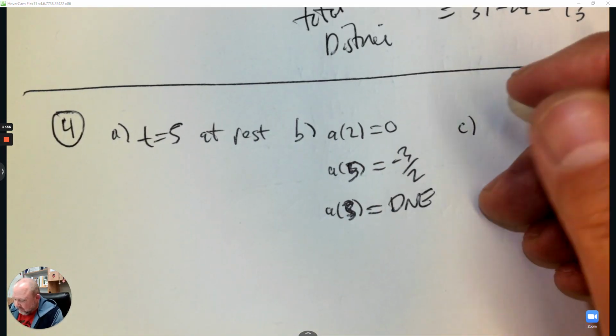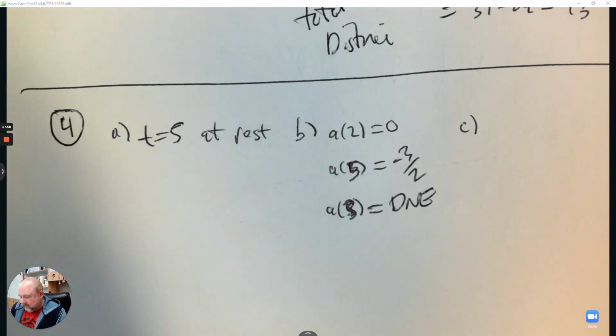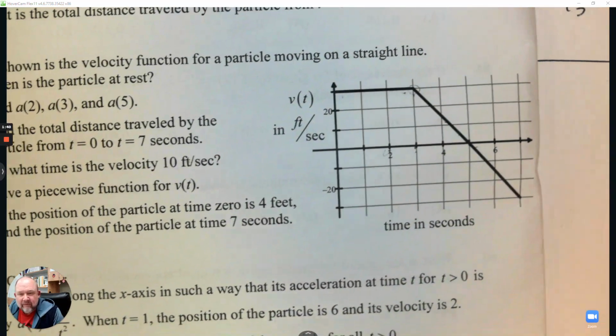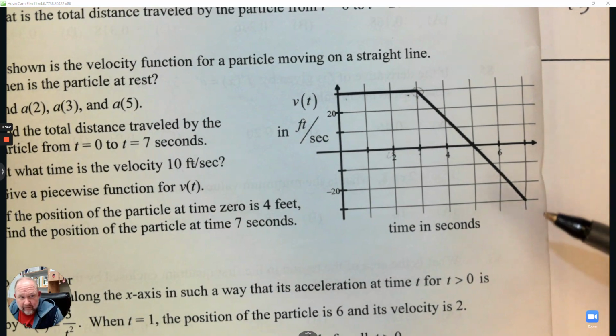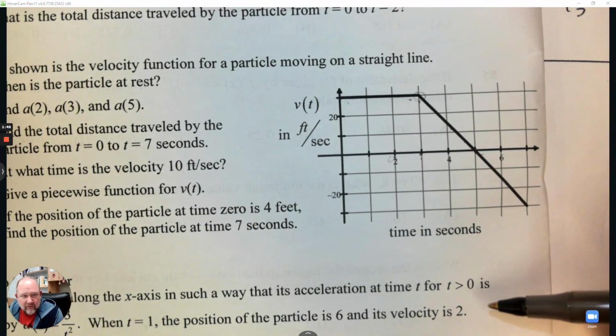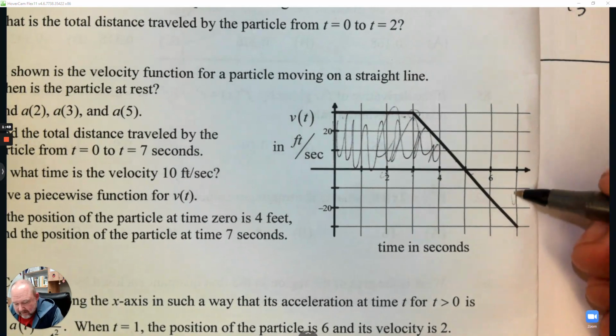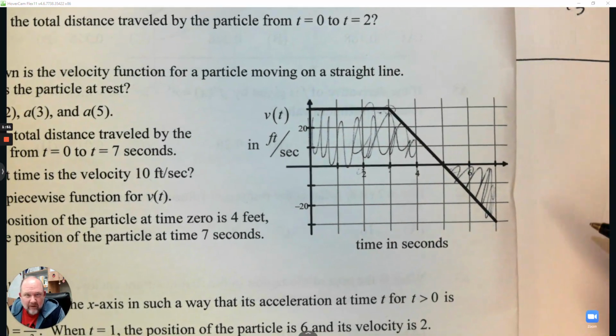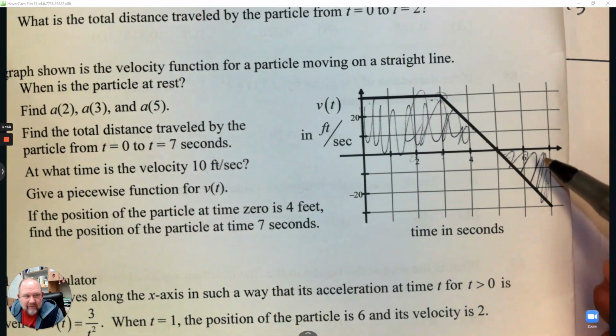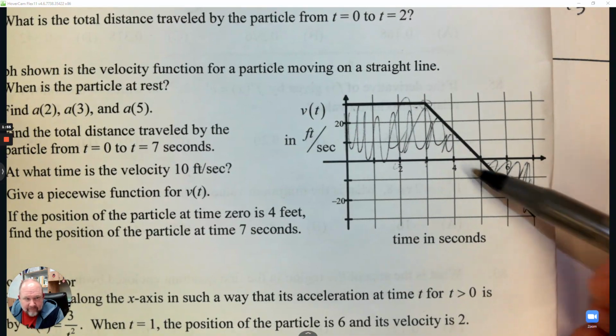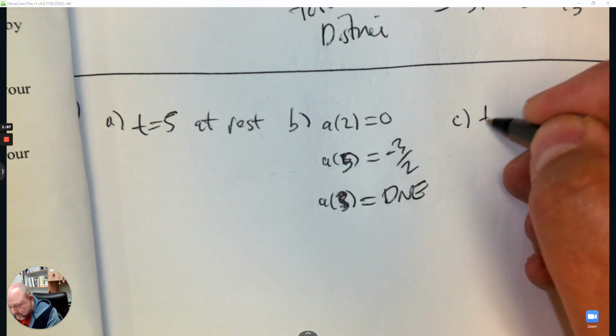Part C. Find the total distance traveled from 0 to 7. So when you're given velocity, you're integrating for total distance, and it's just the area from 0 to 7. So I'm going to find the area here. That's a trapezoid. And I'm going to find the area here. That's a triangle. And total distance means all the areas are positive. So trapezoid, that's 1/2.